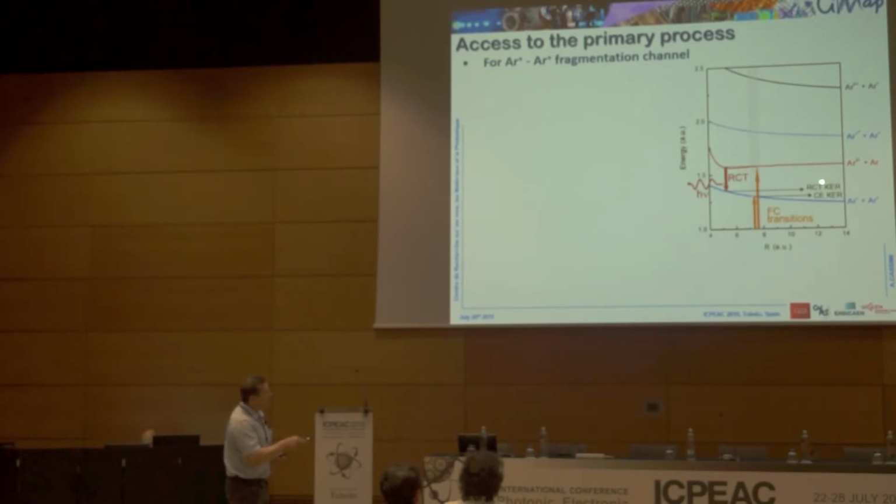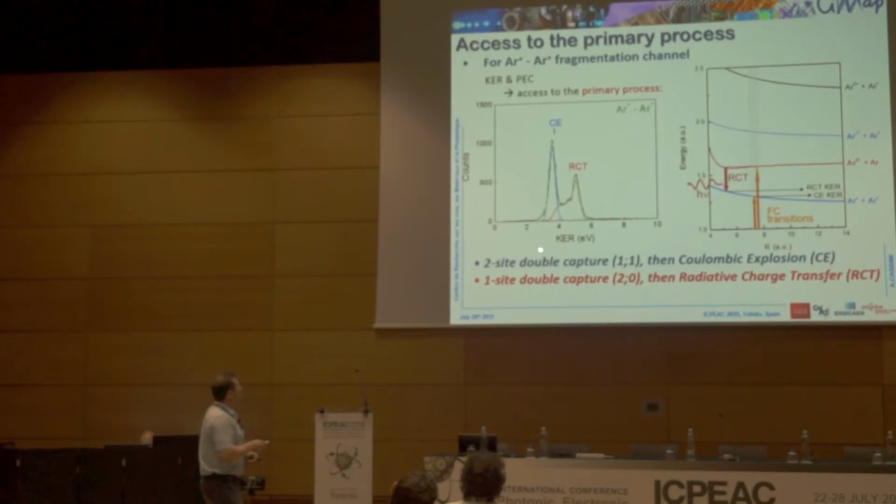We have an electron exchange, an electron capture from this one to this one. And then, since this happens at a closer distance, you have a larger kinetic energy release. And this you see directly in the kinetic energy release, where you have the Coulomb explosion peak and the radiative charge transfer. So now you can separate these two processes.